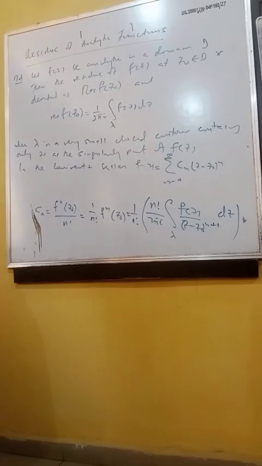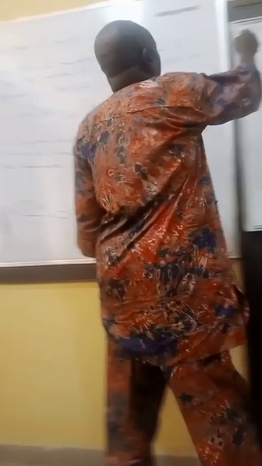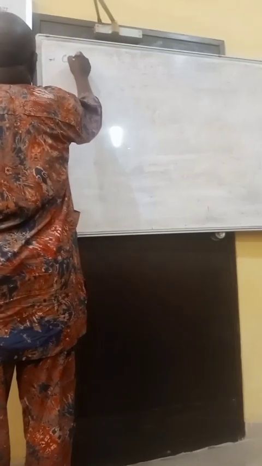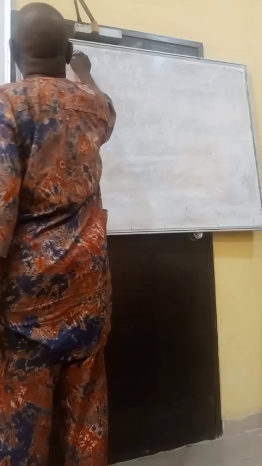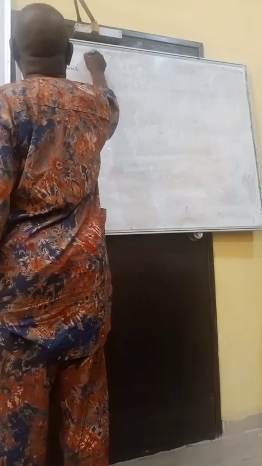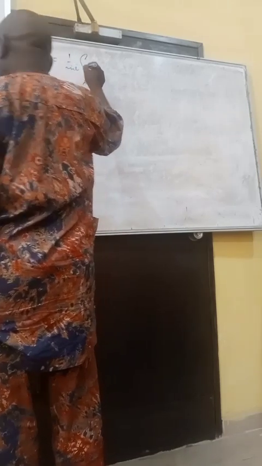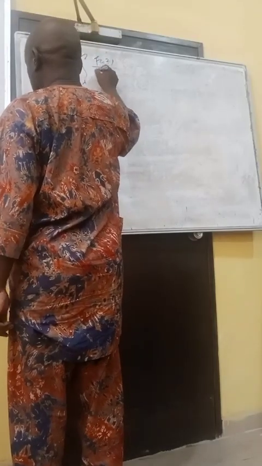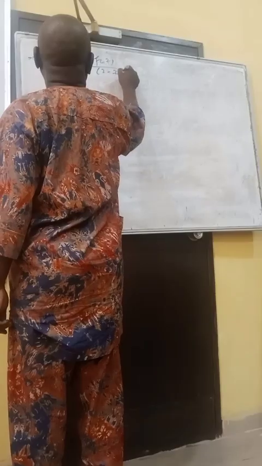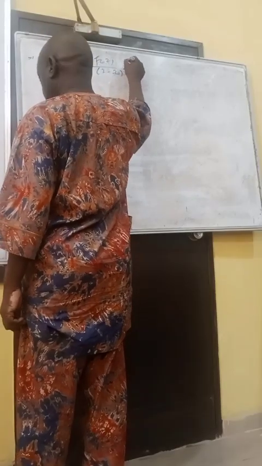So our Cn is equal to, n factorial cancels n factorial, 1 over 2 pi i integral over lambda of f of z all over (z minus z naught) raised to power n plus 1 dz.